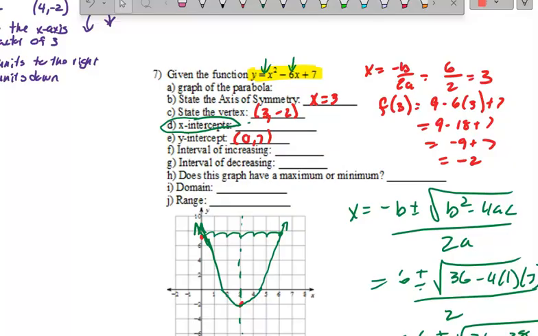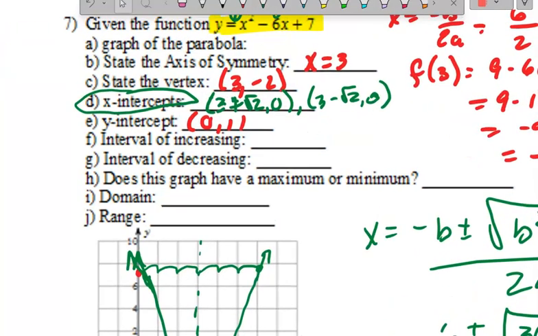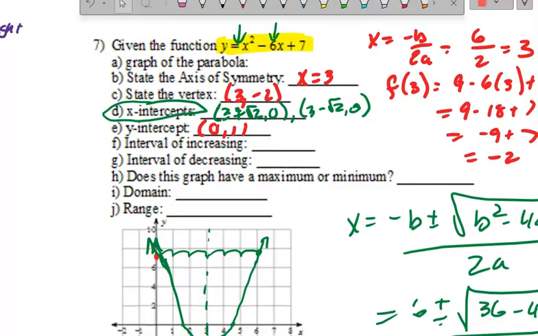I'm going to leave it like that. X-intercepts: 3 plus or minus radical 2, comma 0. And you know what? Let's make it 3 plus and 3 minus radical 2. That way it's a perfect number. It's not an estimation. If you estimate it, it's not going to be a big deal, but that's good enough.